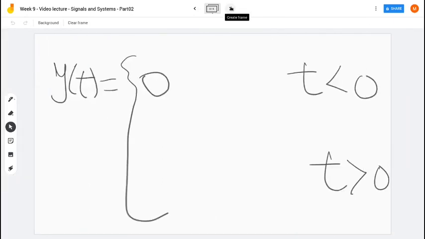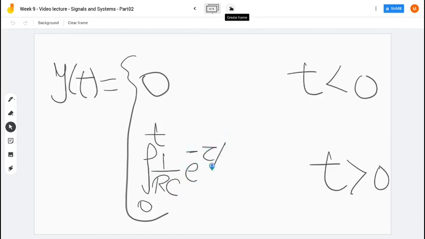So we will be integrating from 0 up to t the function we have, which is 1 over RC e to the negative tau over RC d tau. And of course, since we are integrating with respect to tau, we need to divide by minus 1 over RC, which is equivalent to multiplying by minus RC.